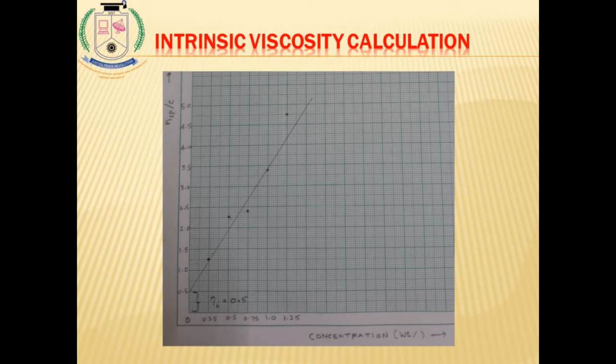The intersecting point we take as eta I, that is the intrinsic viscosity. We get eta I, and log eta I, from the graph.